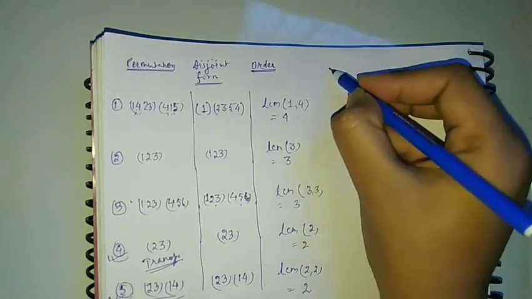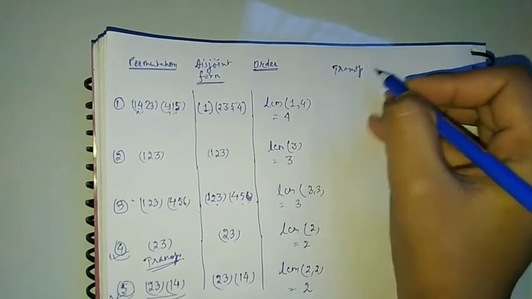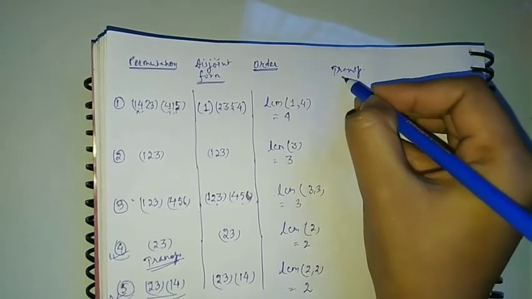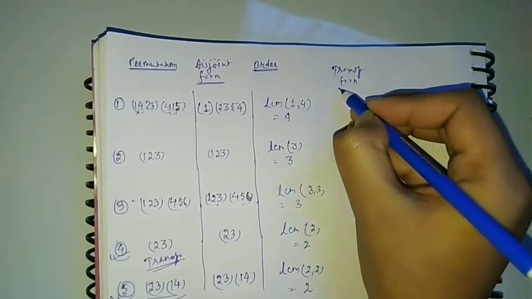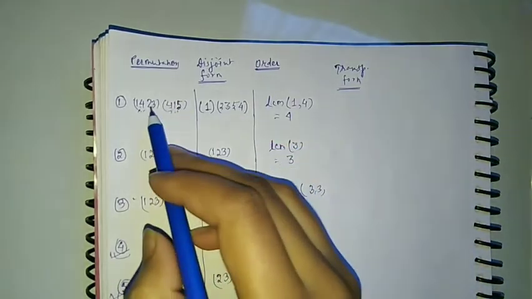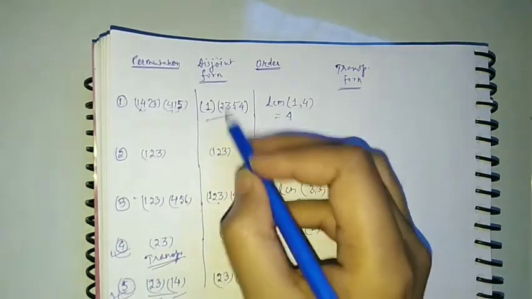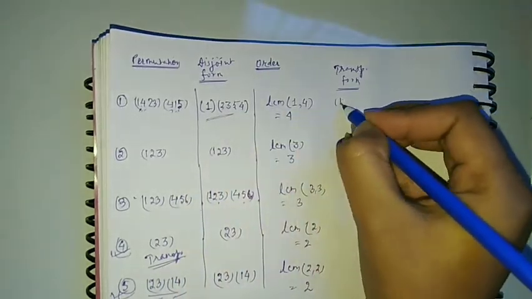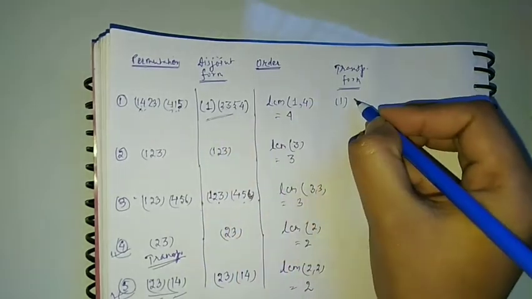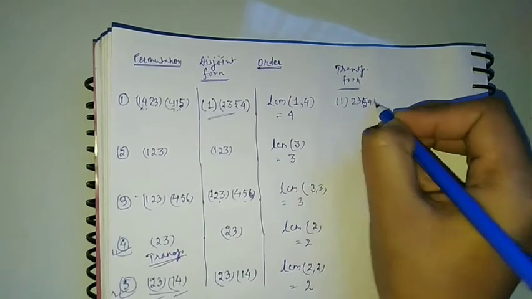So for the transposition form, we are going to make another column here, the transposition form. If you want to convert these permutations into the transposition form, we are in the disjoint form first. So we write again this cycle 2 3 4 5 4.